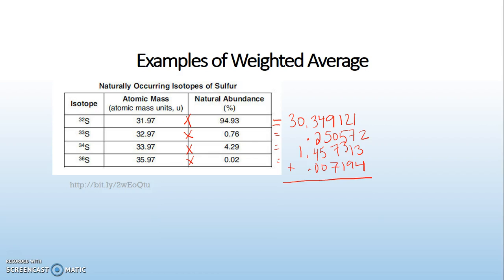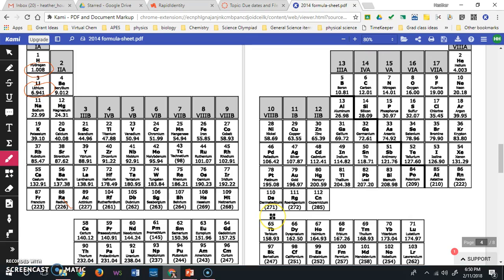It would be a lot faster if I just put parentheses around all of them, but it is what it is. And I get an answer of 32.0642. This would be my weighted average of sulfur.